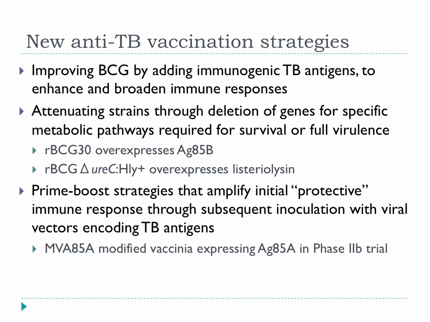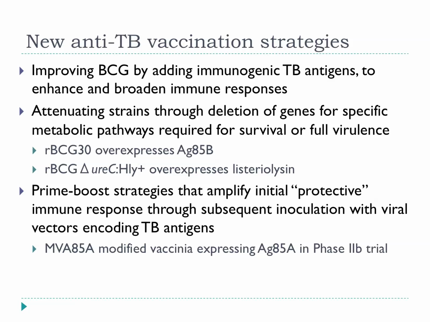In terms of getting better vaccines, people are trying to add new antigens to BCG. There are these recombinant BCGs that overexpress various things, Listeria lysine, antigen 85. And there's this prime boost strategy where you give inoculation with viral vectors that code for TB antigens.